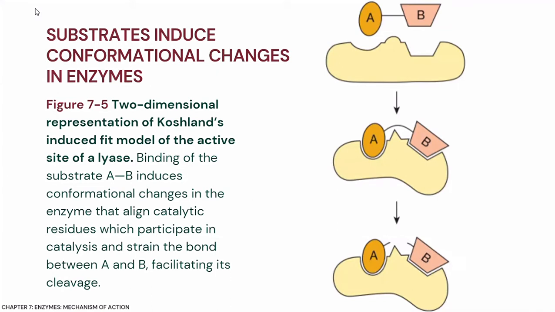But when the substrate comes near, the shape of the catalytic site changes to accommodate the substrate. That is Koshland's theory, or that is the induced fit theory. Induced fit theory of Koshland.